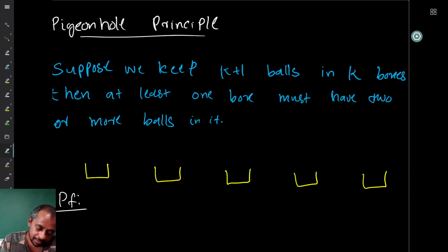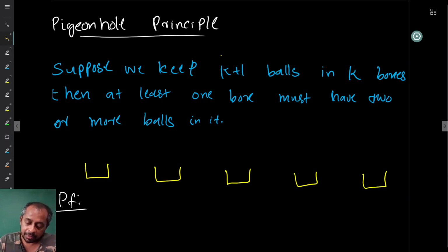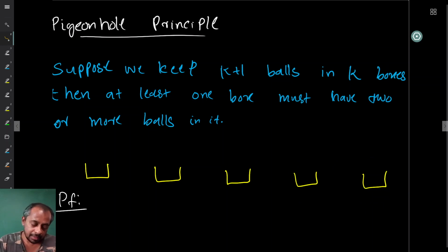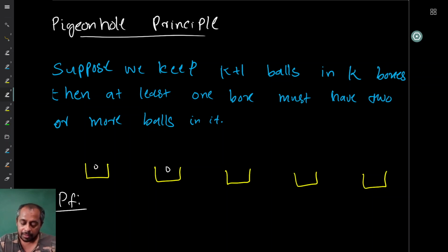So we can say it in terms of balls and bins, that you have k plus 1 balls and k boxes or bins. So here are the k bins, let's say, and into these k bins, suppose we are going to deposit k plus 1 balls. Now, what I want to prove is that at least one of them must have two or more balls.